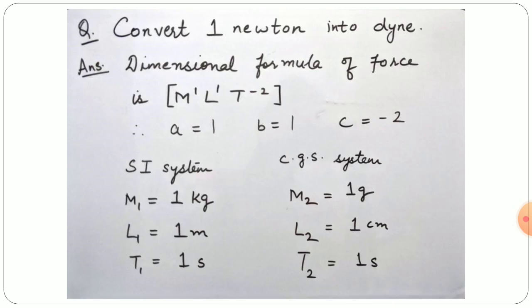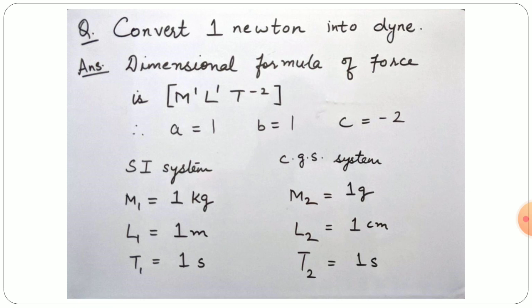We will write the powers A, B and C, that is the dimensions. The SI unit of force, as we know, is kg meter per second square. So the dimensional formula is M to the power 1, L to the power 1, T to the power minus 2. Therefore, A = 1, B = 1 and C = -2.